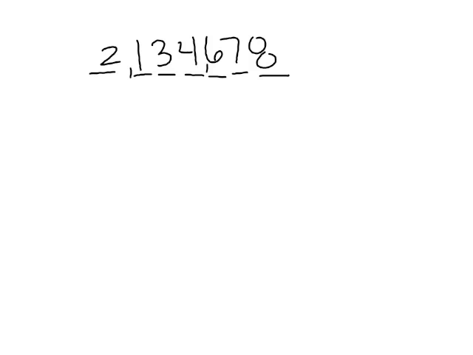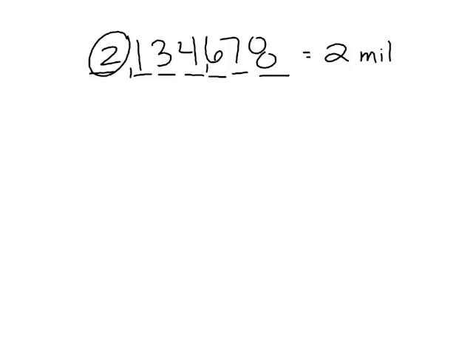If I asked you to round this number to the nearest million, where would you round it? So here's my millions place value. So it would be 2 million. What if I asked you to round it to the nearest 10,000?